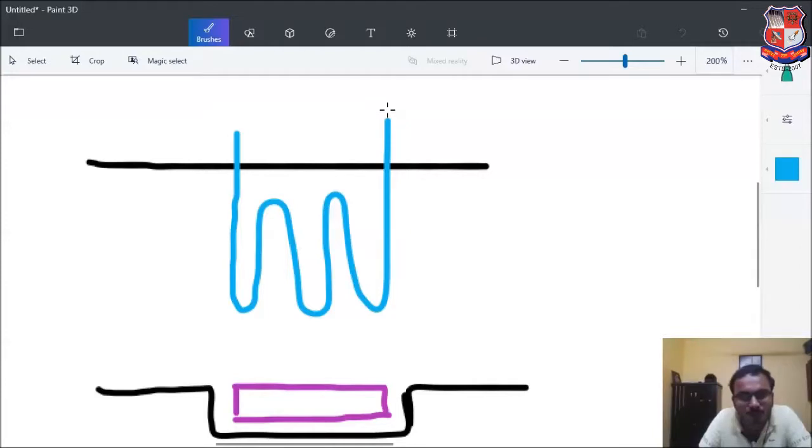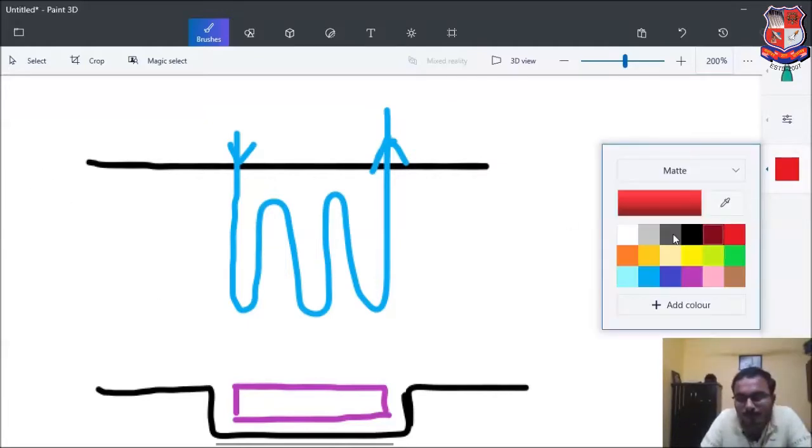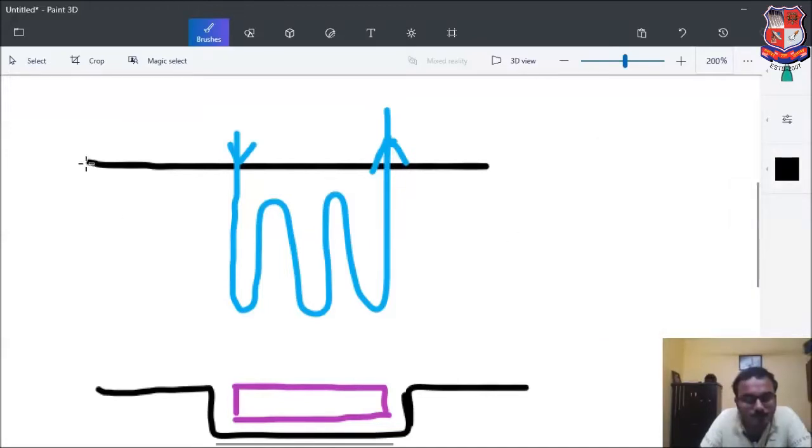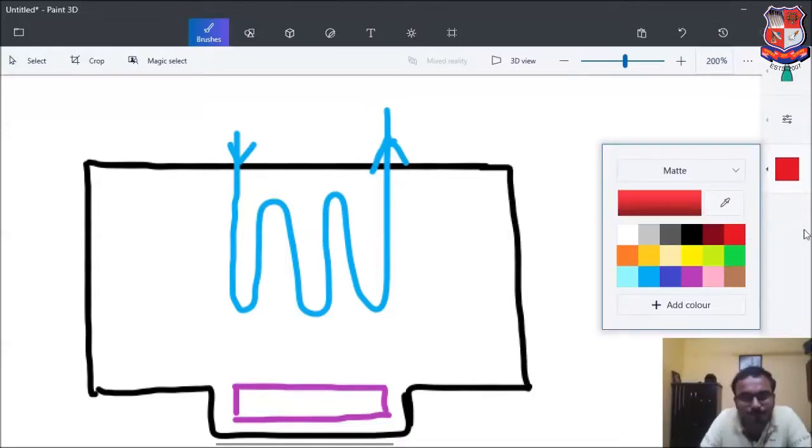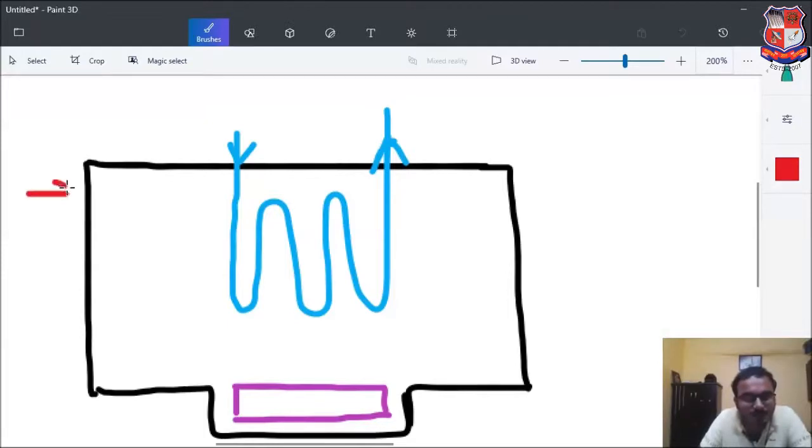So this will be our cooling coil of refrigerant. Now here we need to take care that at the entry we are having 1 kg of air.